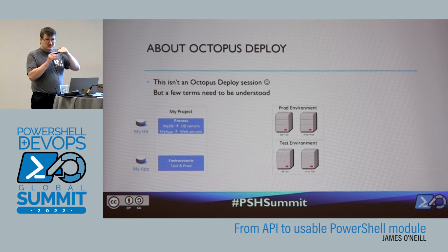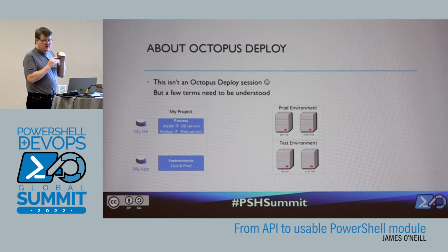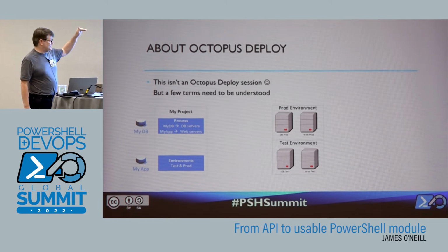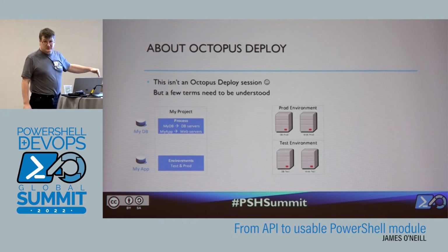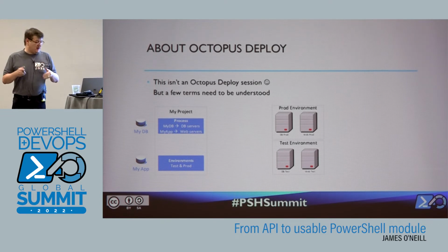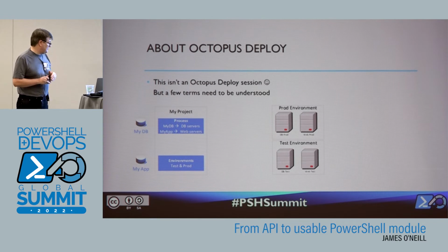In Octopus terms, I define a project, and the project has a set of process steps. And the process steps basically say, put the database package on the database servers, the app package on the web servers, and you can do this of all the environments we've got defined here, you can do it in test and production. So we have that concept of a project.